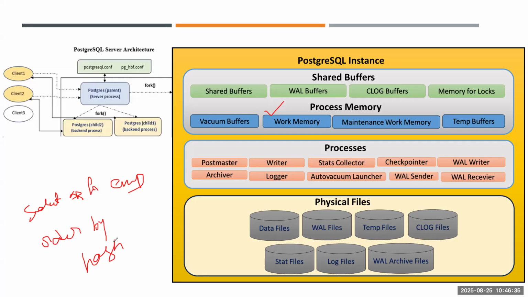In Oracle SQL also there is a concept called execution plan, right? When your execution plan contains sort or hashing, by default work_mem is used.